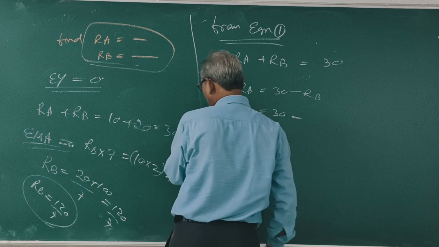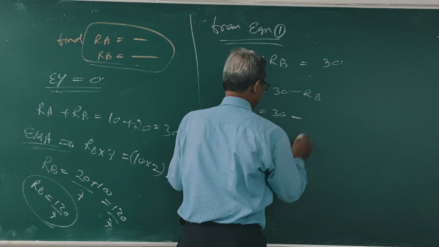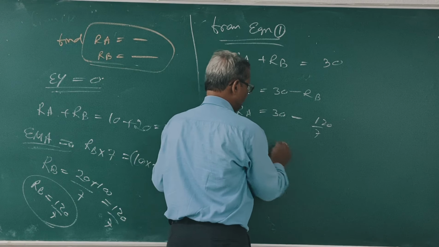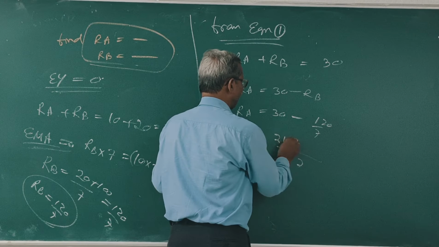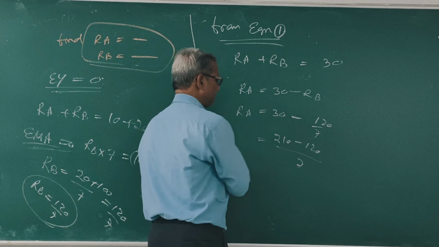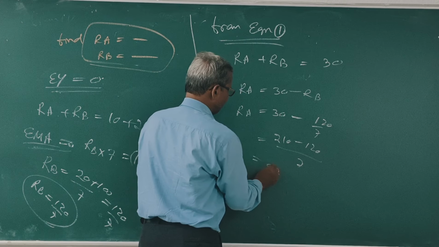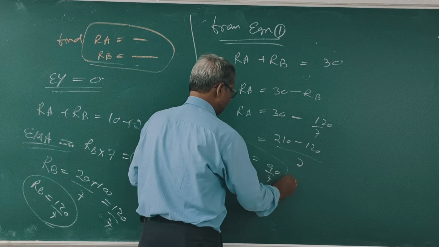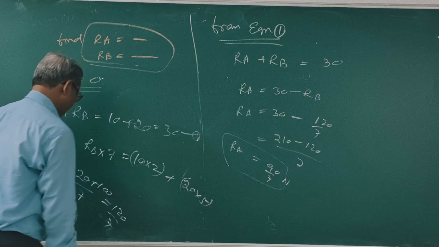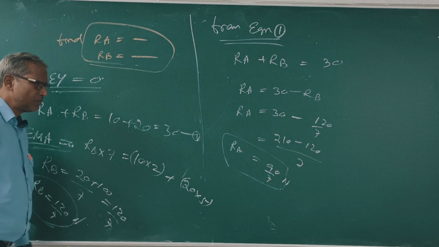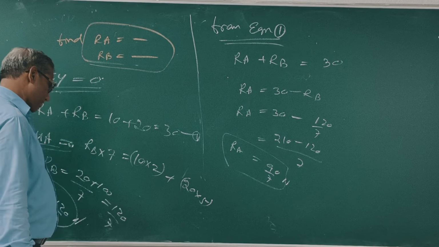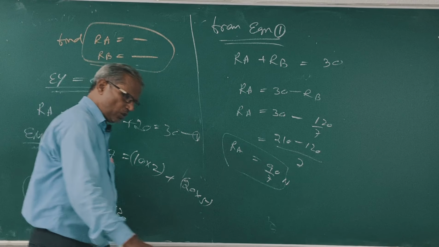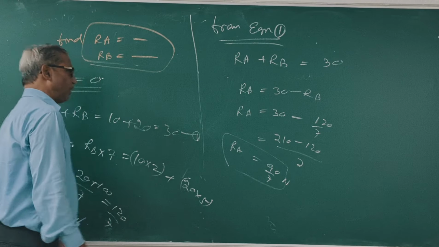So 30 minus 120 by 7. Now LCM 7, 210 minus 120. Clear? So 90 by 7 Newton. This is the answer. Number 2. Next theory.